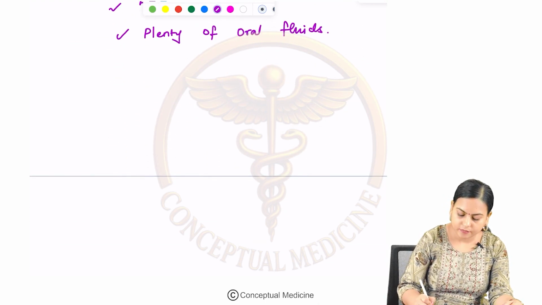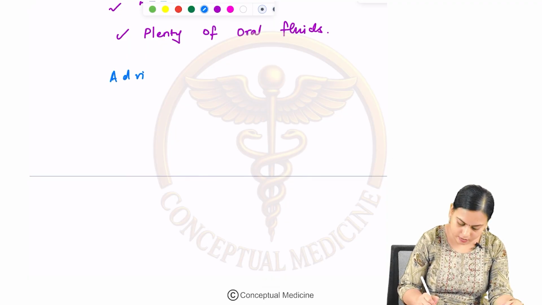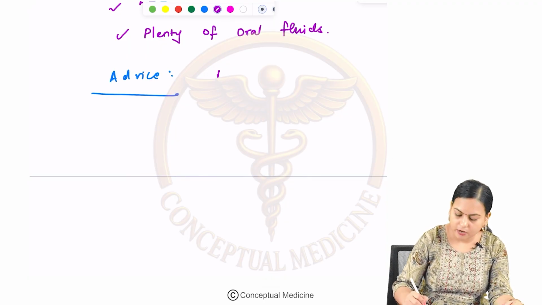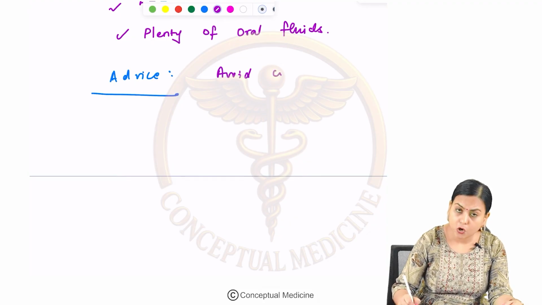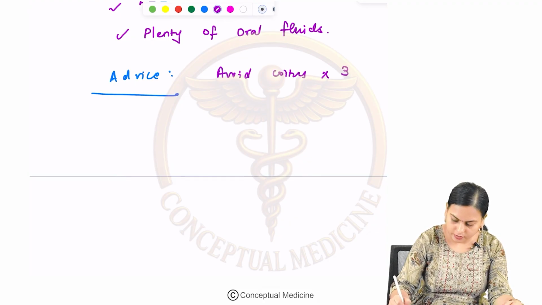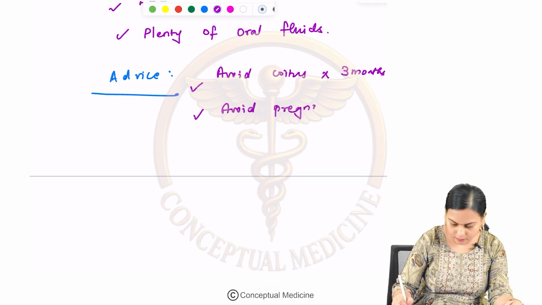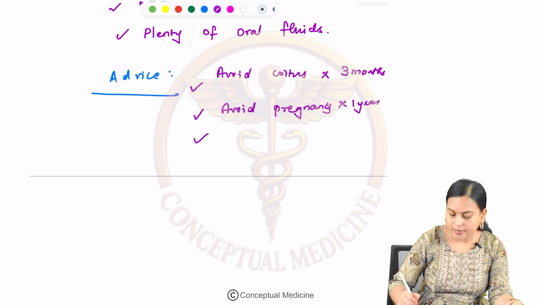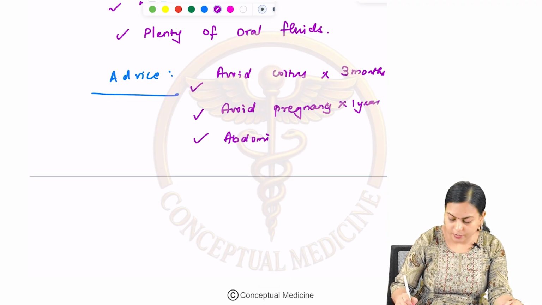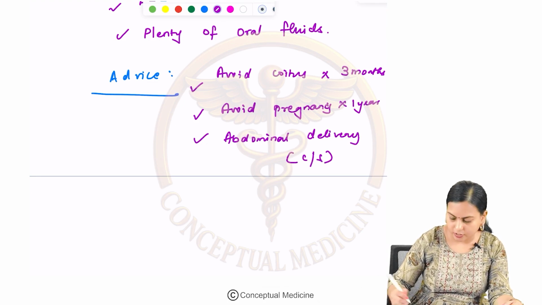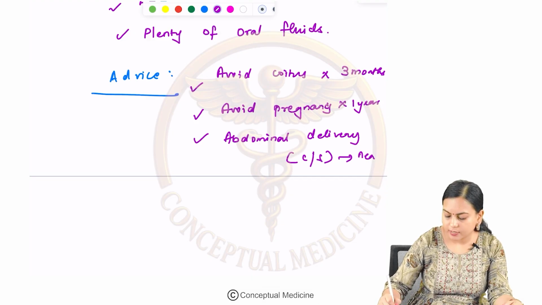Okay, and some other additional advice you would give them is avoid coitus for 3 months and avoid pregnancy for 1 year, and the next pregnancy must be an abdominal delivery, that is nothing but a cesarean section in next pregnancy.